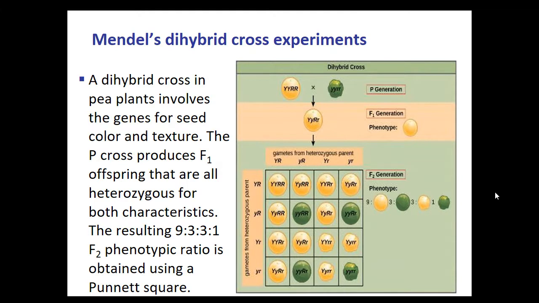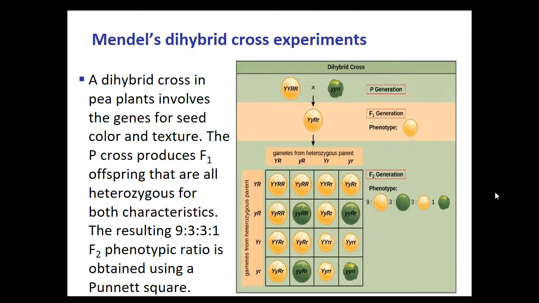what we now know as the genes or chromosomes, when the chromosomes separate in meiosis, the big Y and the big R don't always stay together.